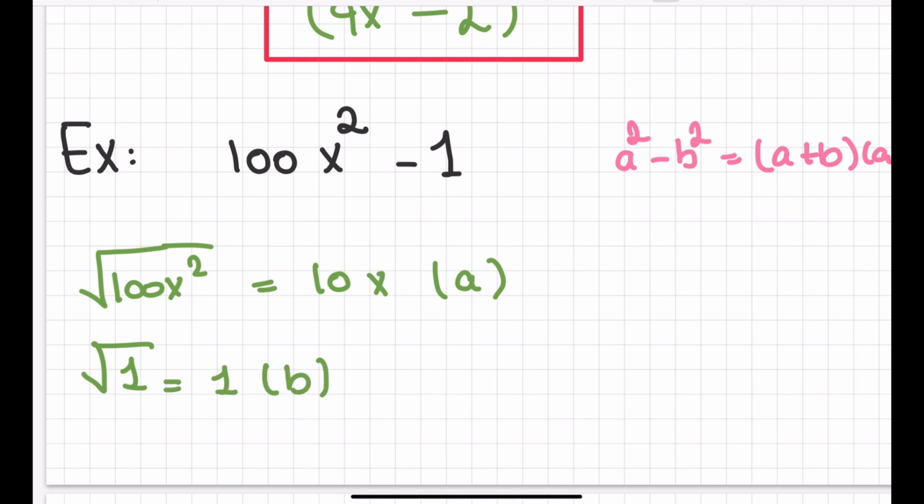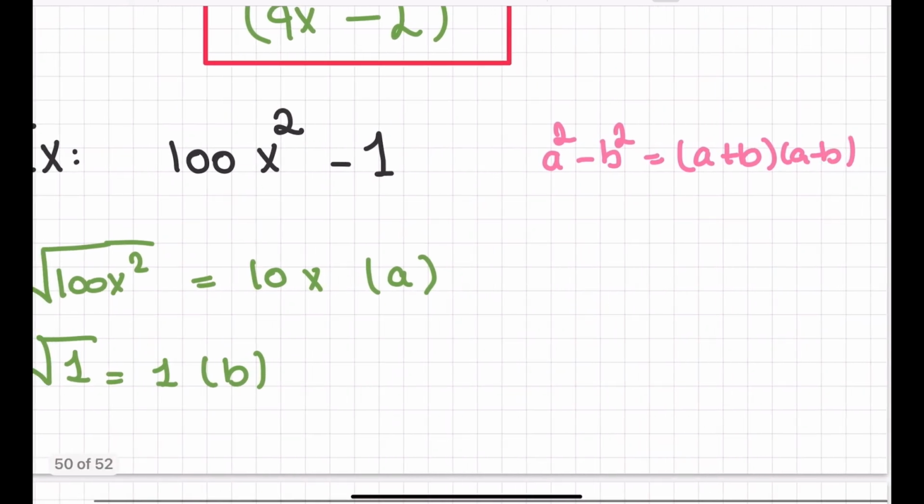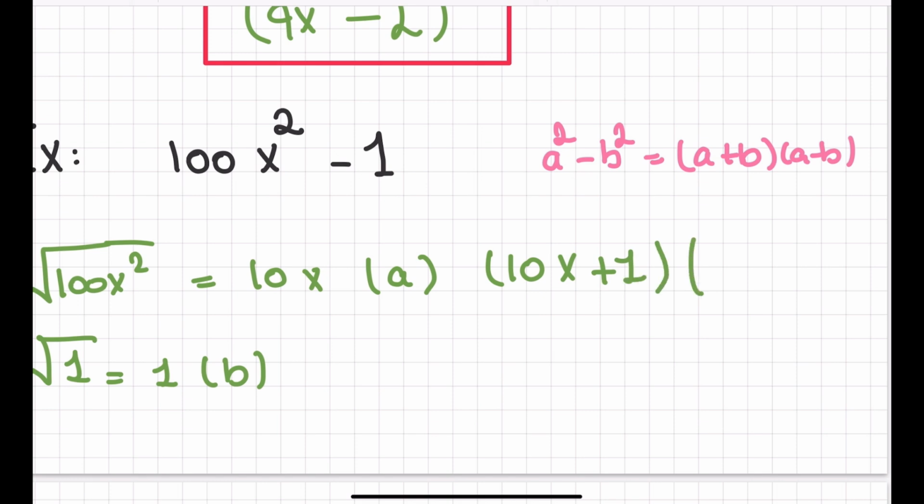So I can see both of them are correct. This is a difference of squares. So what I'm going to do, I'm going to use this formula. So a, which is 10x, plus b is going to be plus 1, in brackets, 10x minus 1. And this is our factored form.